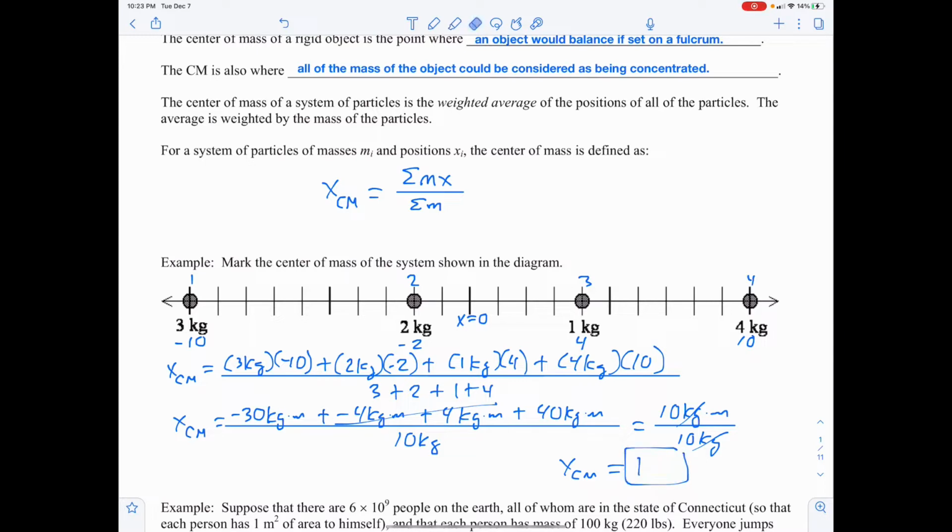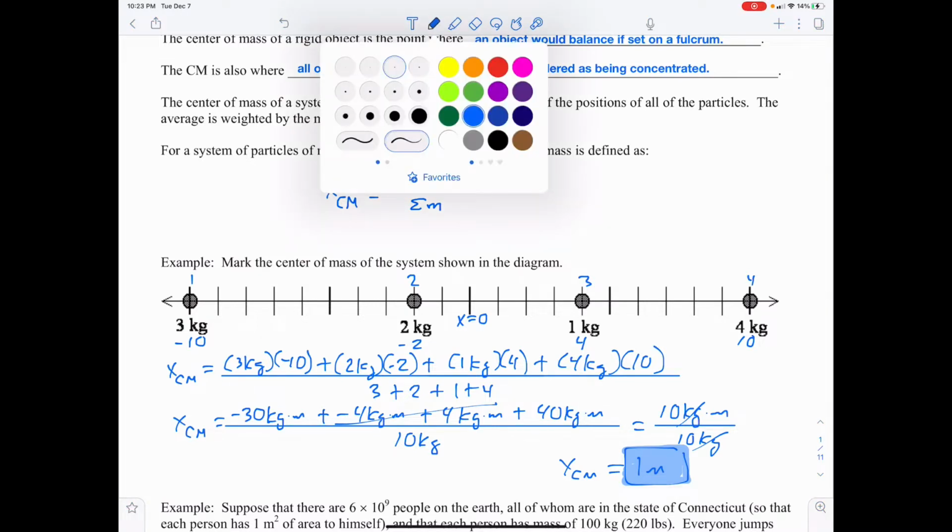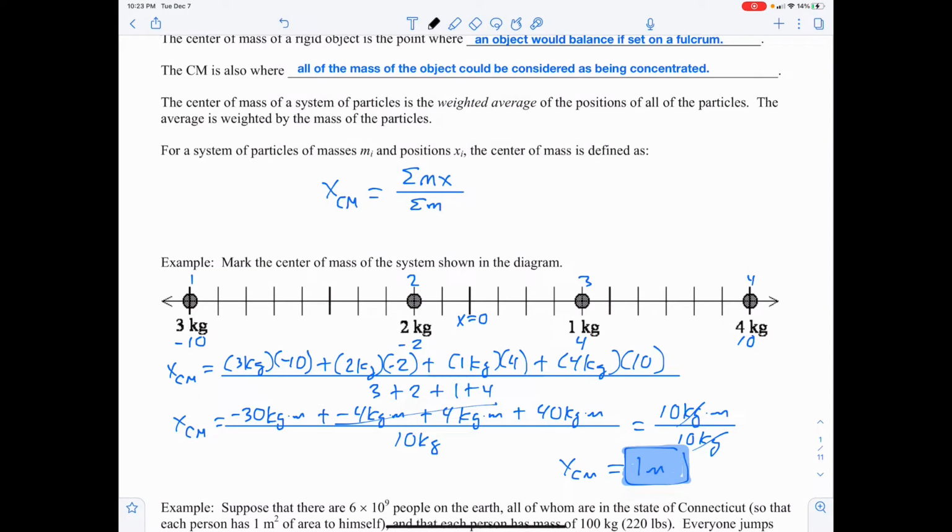I'm not sure why I wrote centimeter, it's meter. There's x CM right there.